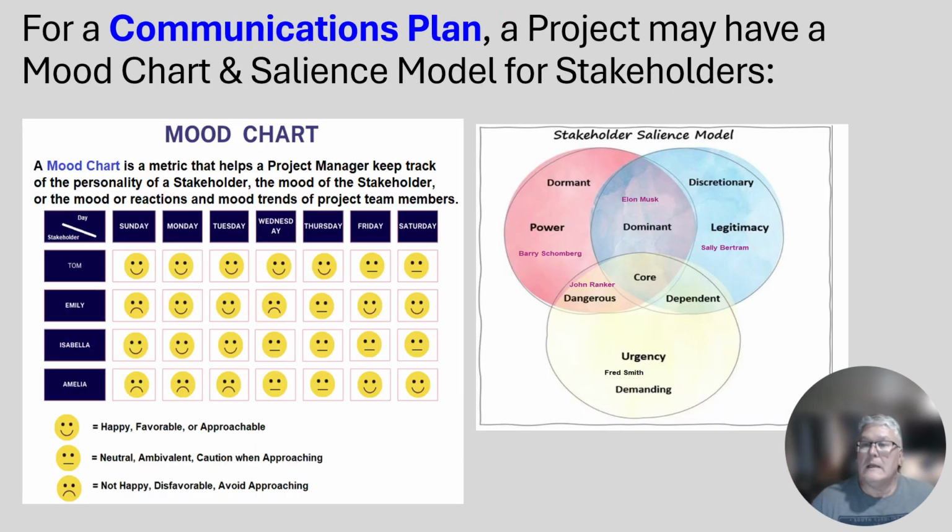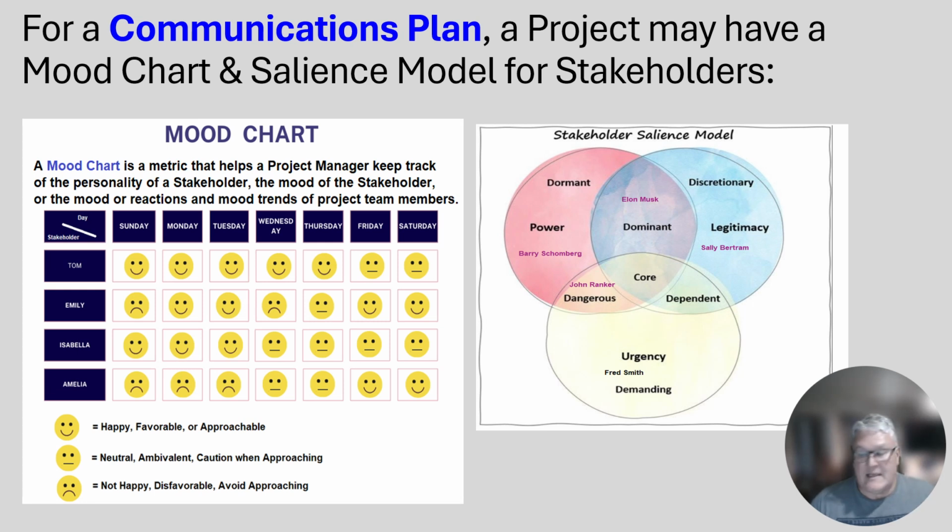Okay, so the communications plan. You may want to keep track of your communications and how well they went with team members and even stakeholders. So there is something called a mood chart, and a mood chart is a metric to help the project manager keep track of personalities of stakeholders and team members and things like that.